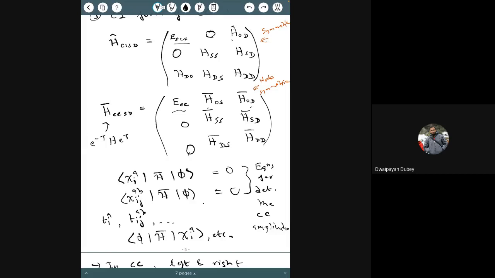Here I am constructing H bar CCSD after I have found the values of the T. The coupled cluster equation cannot be solved by a direct diagonalization, but once you have obtained the cluster amplitudes, you can construct the matrix which on diagonalization would have given you the coupled cluster energy. So this is a backward way of doing it.